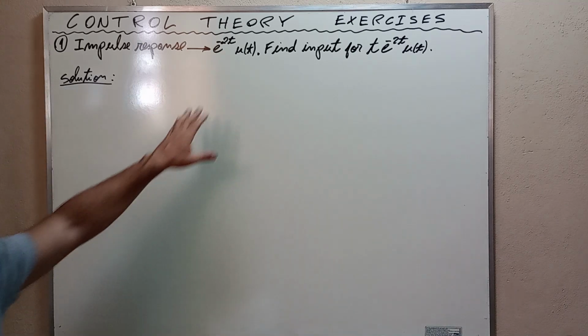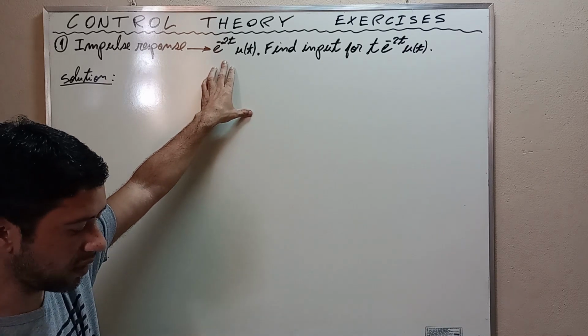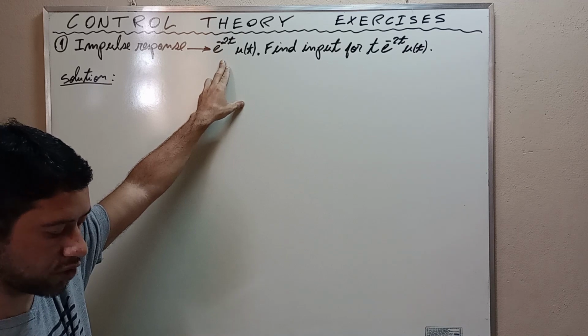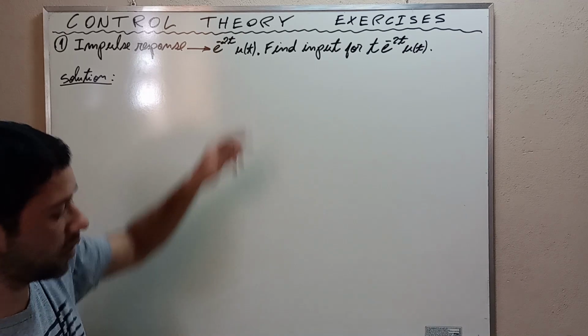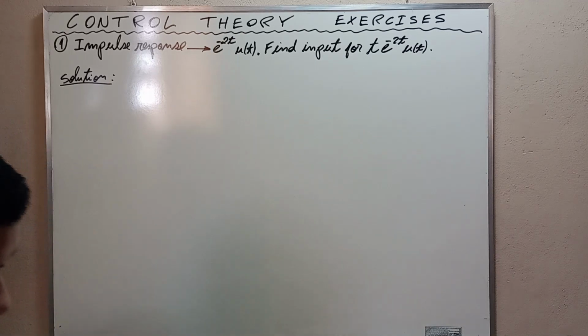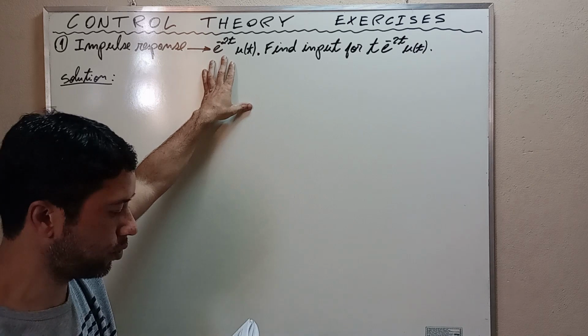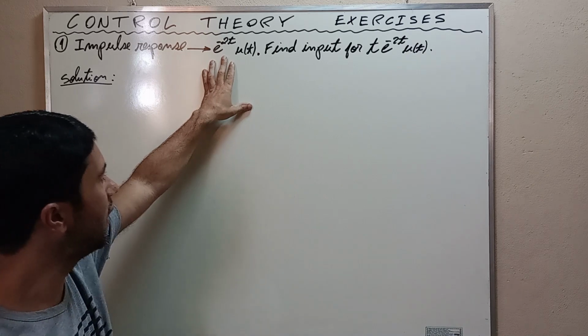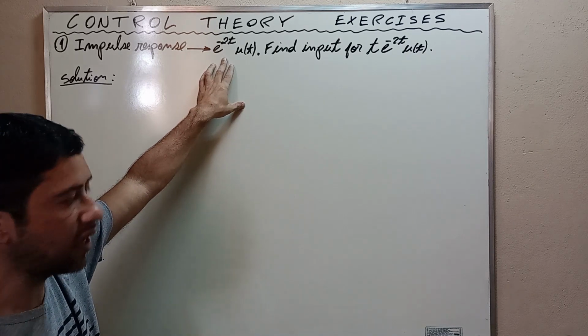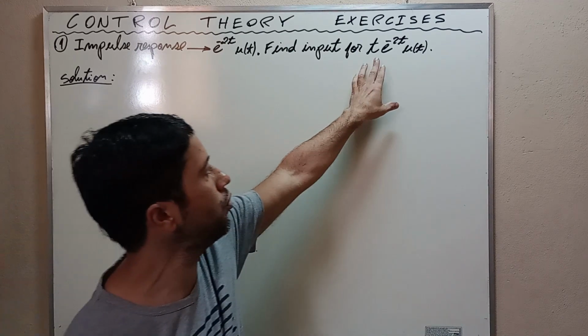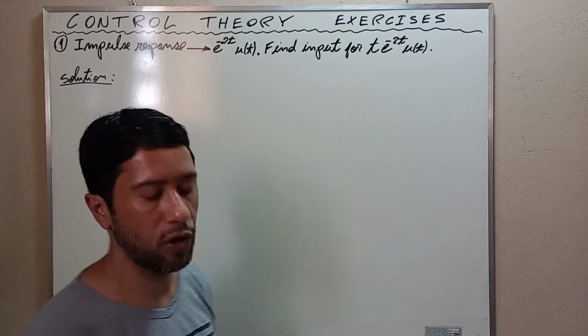The exercise gave us this, and it said that this is the impulse response of an initially relaxed linear time invariant system. This is the output, the response. Based on this, the exercise wants us to find the input that produces this as output.